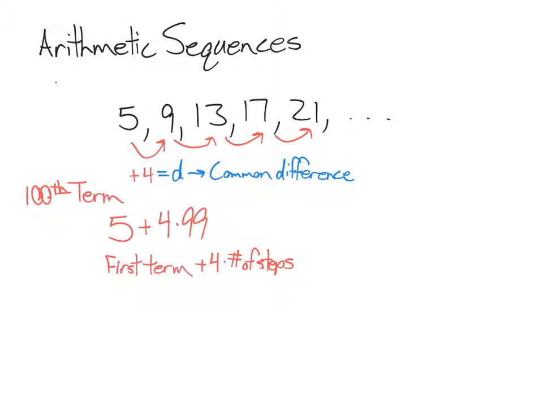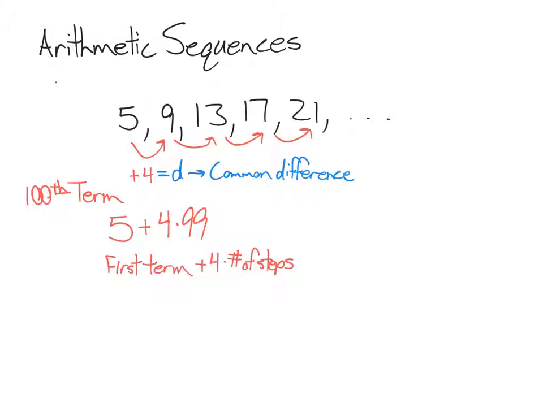If I take 9 minus 5, I get 4. If I take 17 minus 13, I get 4. If I do 21 minus 17, I get 4. If I know the 100th term and I want the 99th term, I just have to subtract 4 to go backwards. So that's our D.